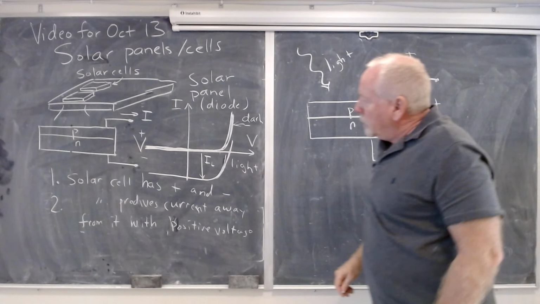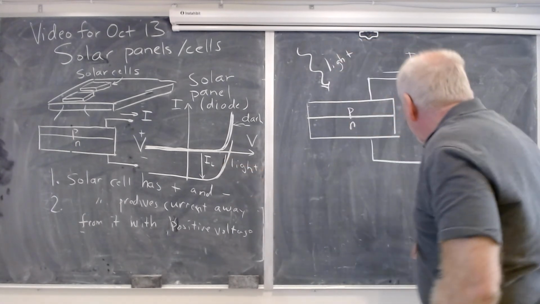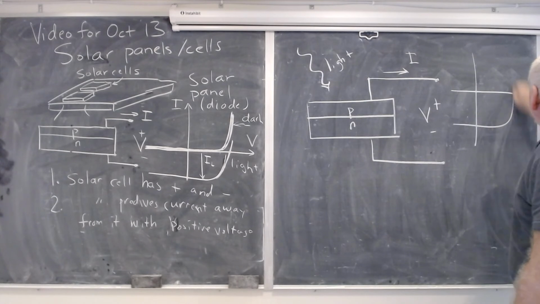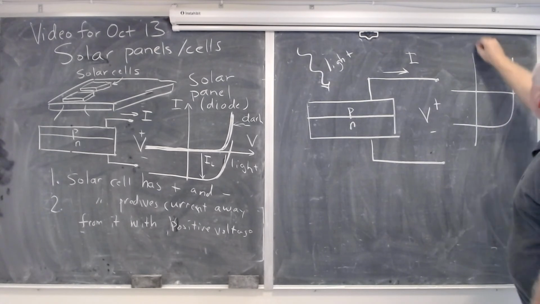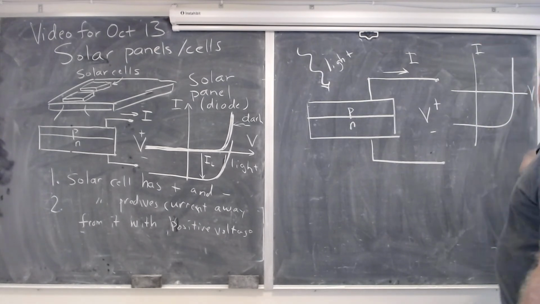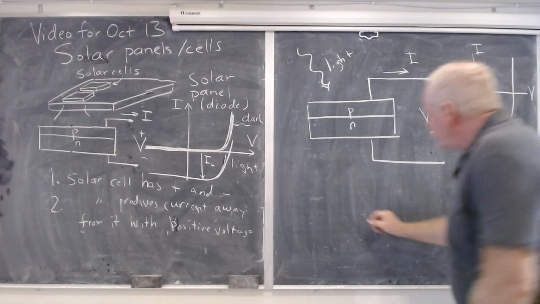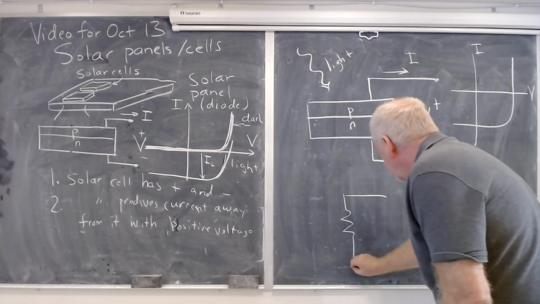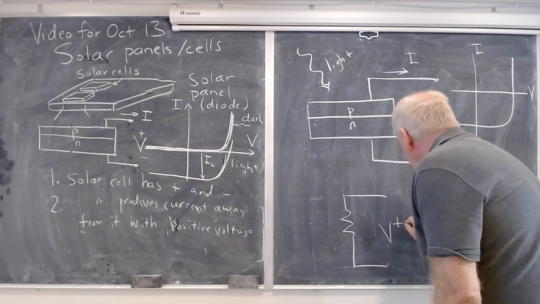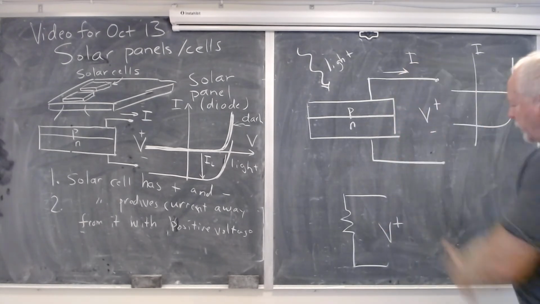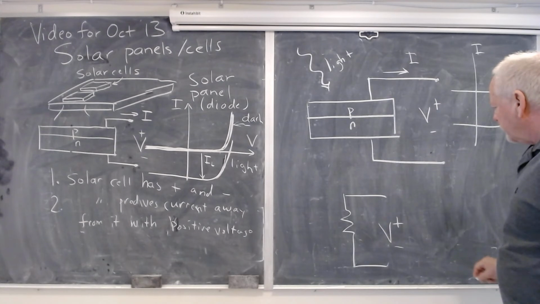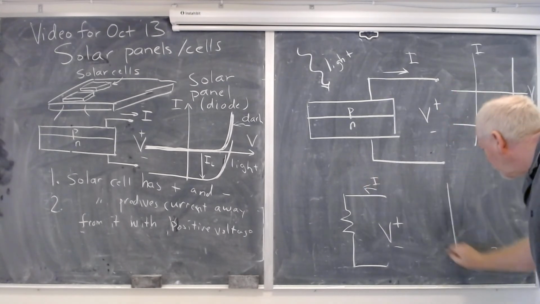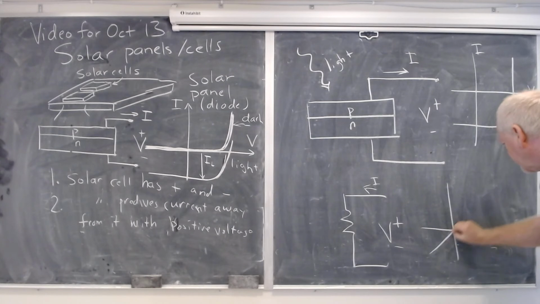Now, for normal devices, it has a characteristic that looks like this. Let me do a resistor, because we'll be doing resistors later. If I apply a positive voltage across a resistor, I get current into the resistor. And so it has a current voltage relationship that looks like this.